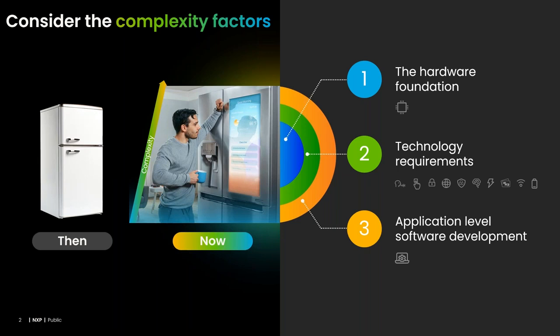If you look at a typical old fridge in the old days, on the left-hand side, you're talking about designing a fridge with maybe a compressor control, some temperature sensors, a knob for analog sensing with your analog to digital converter, those kinds of simple control loops. So essentially, that's a simple, single functionality kind of system.